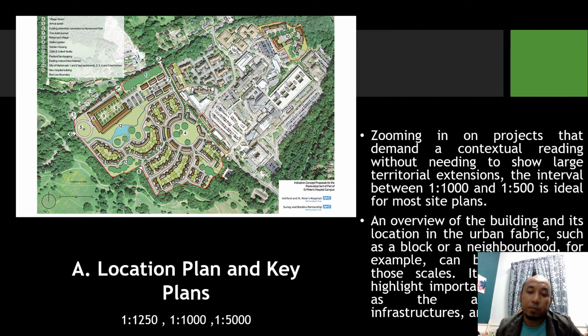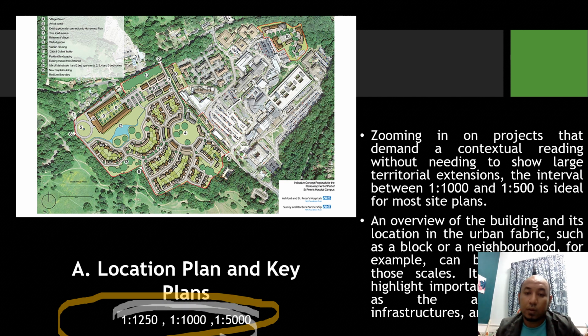Okay, so the location plan and key, as we know, the ratio is like this. Okay, and the ratio, and then the zoom, their function is zooming in on the project that demands context for reading without needing to show the largest territorial extension.